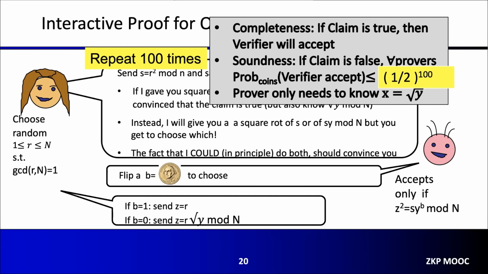Random times the square root of y is random when you reduce it mod n. So essentially I'm sending him random numbers which are independent of each other, even if I repeat this 100 times, because each time I start again with the prover choosing a new r.